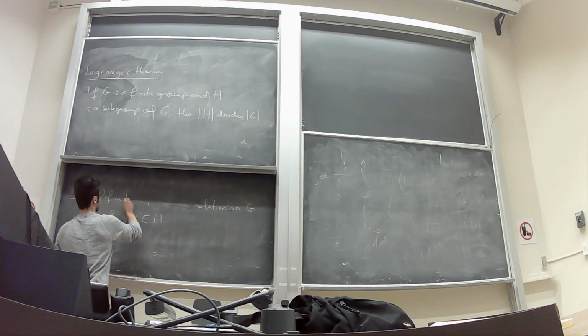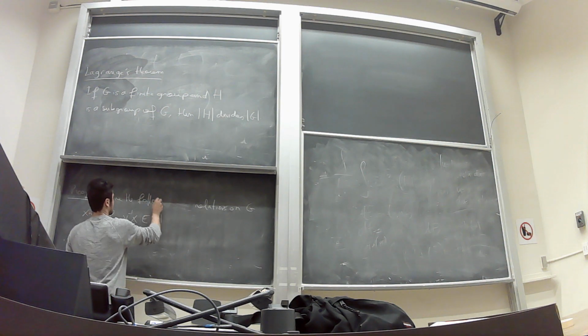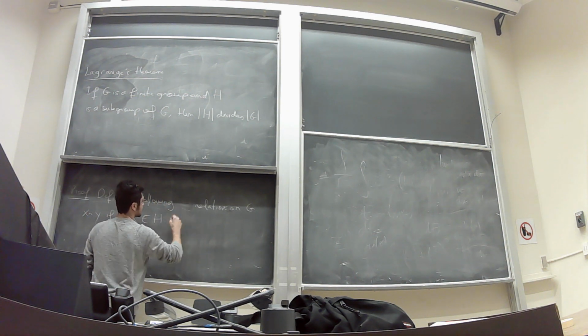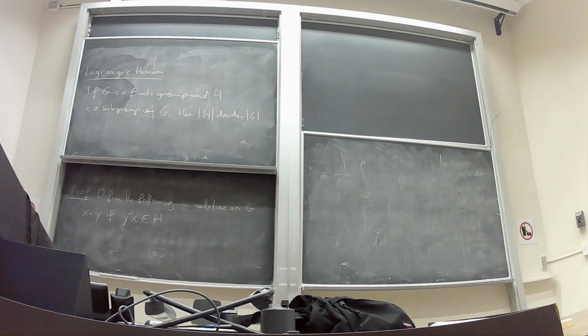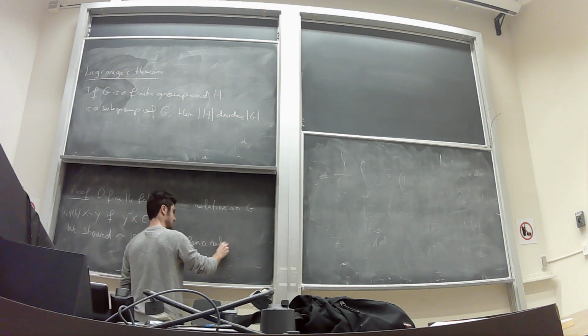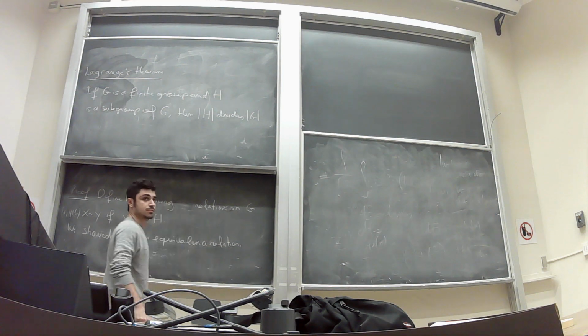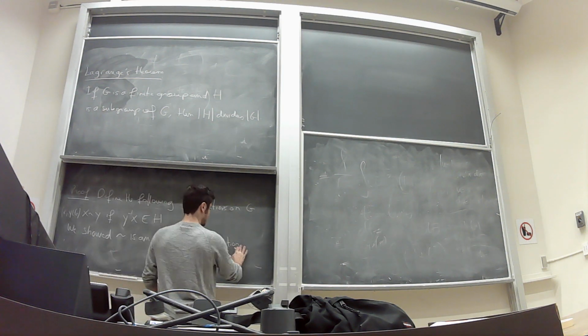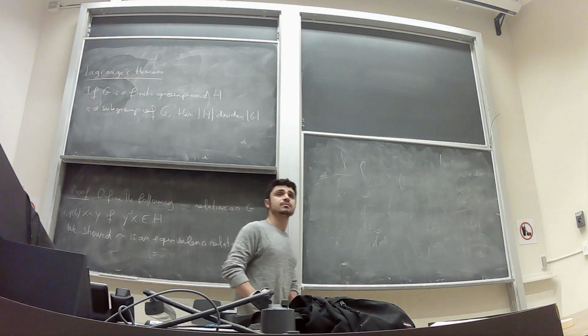Define the following relation on G. X is related to Y if Y inverse X belongs to H. Here X, Y are in G. Then we showed this is an equivalence relation on G, right? Remember this? Great.